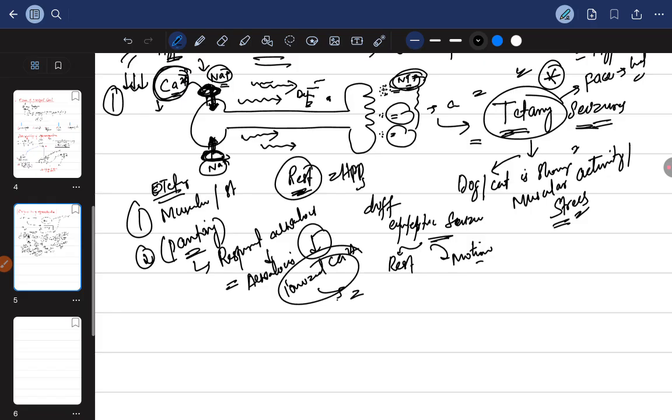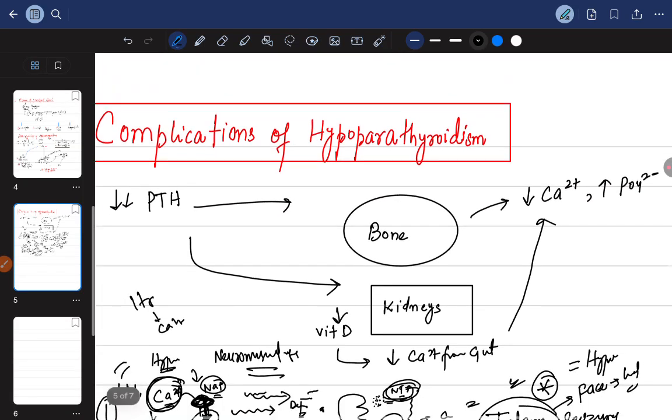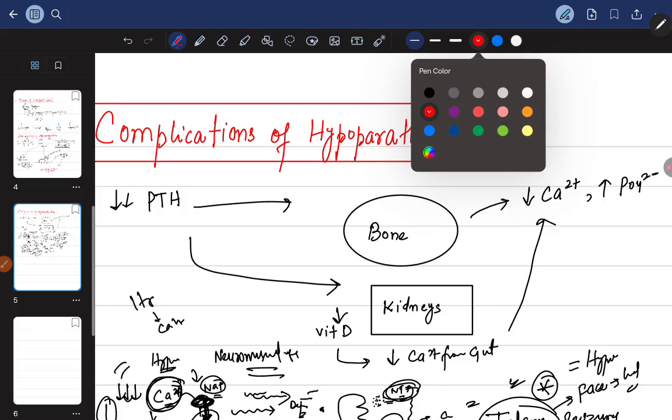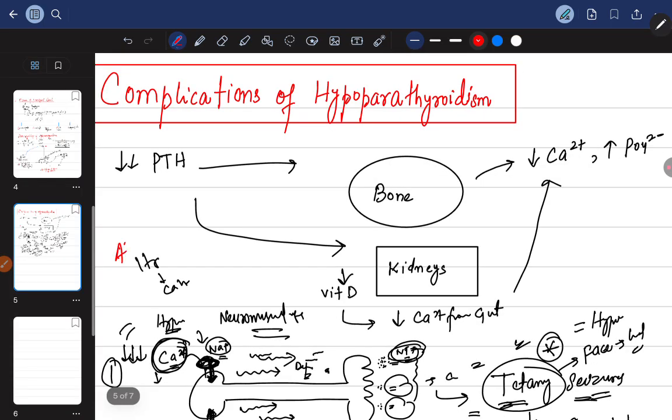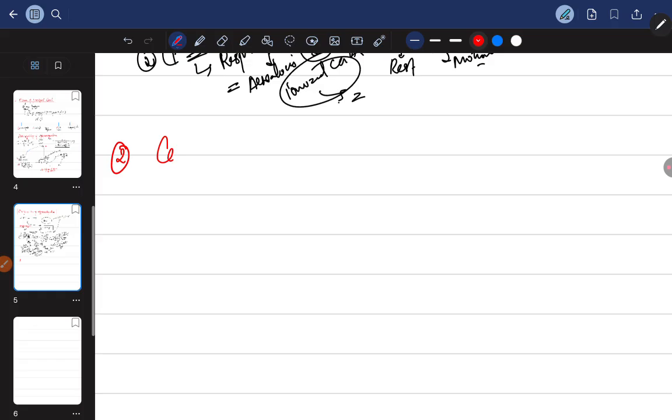The first one was this neuromuscular complication. The second complication is cardiovascular.